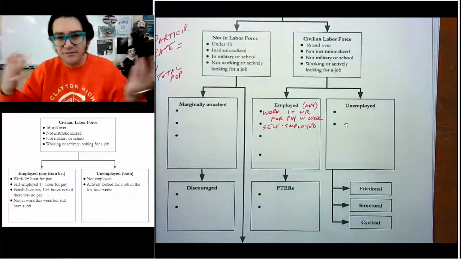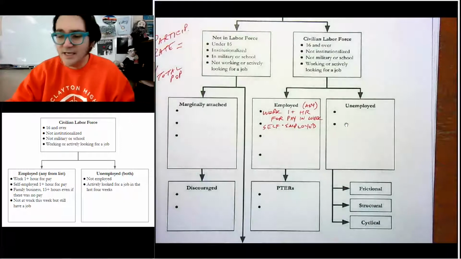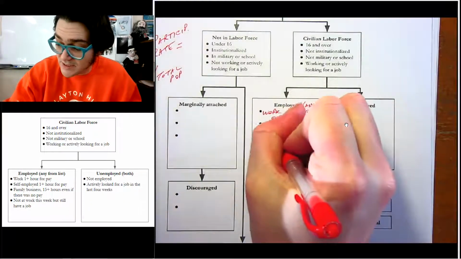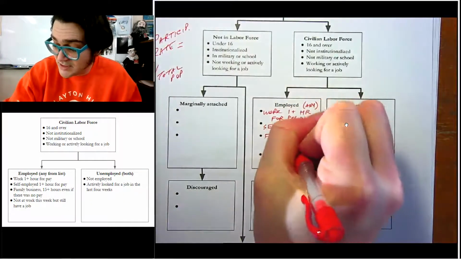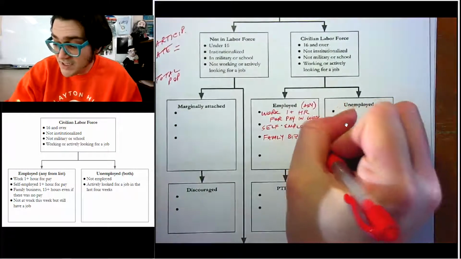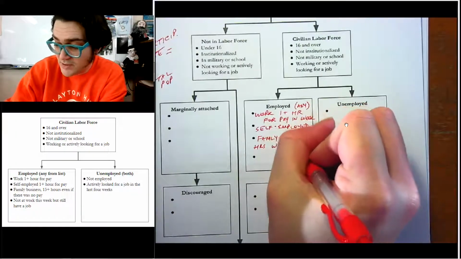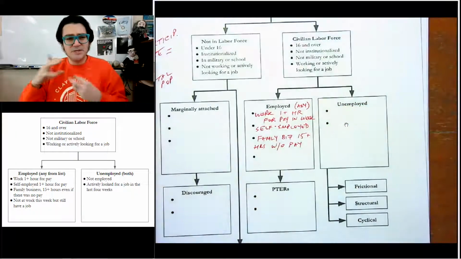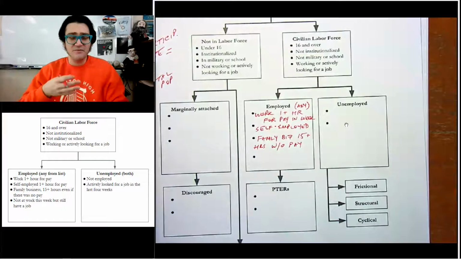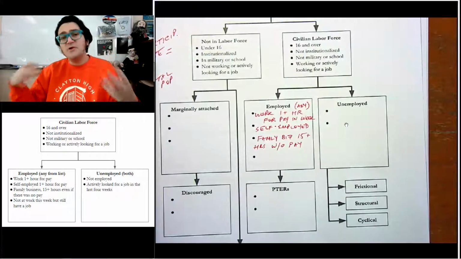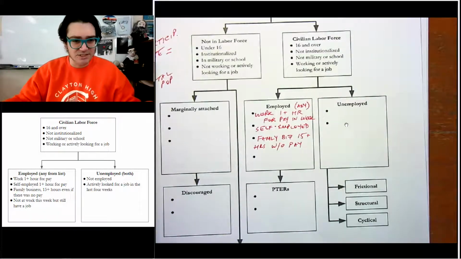So if you worked for yourself, that's fine. If you worked in a family biz for 15 hours, even without pay. So this is basically saying there are some people that don't take a paycheck because they work in a family business. And if you work for 15 hours, then that counts as employed.